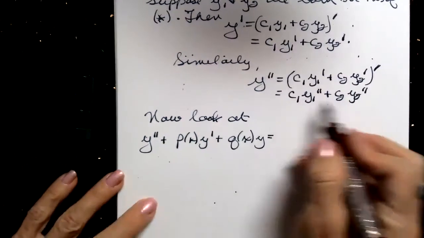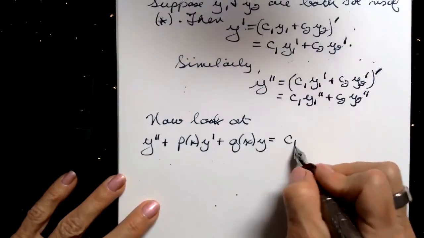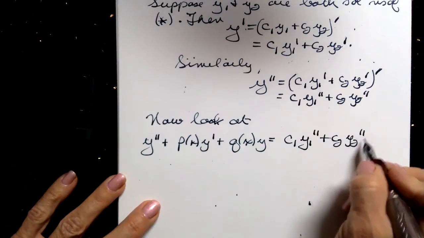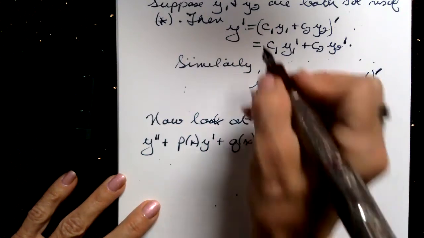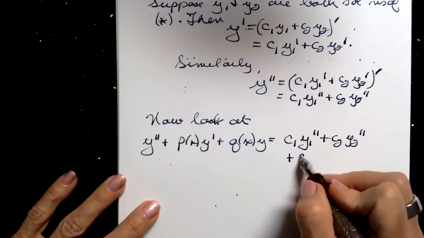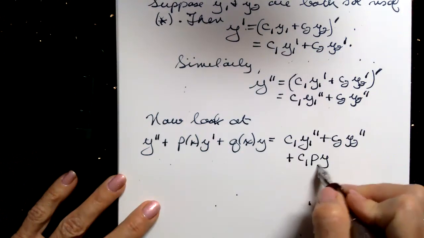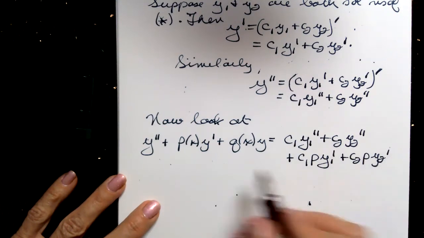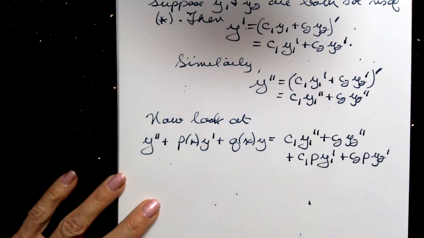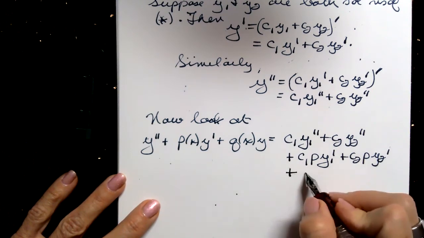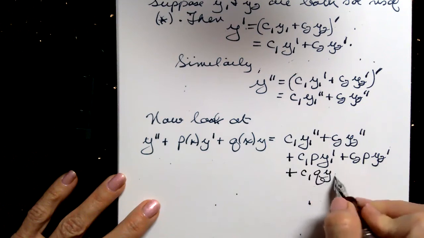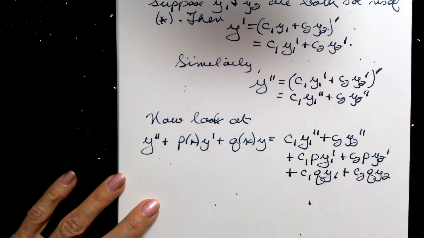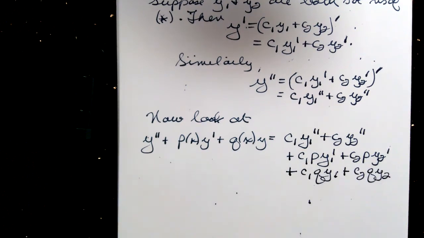Okay, so that is, by what we just calculated, C1 y1 double prime plus C2 y2 double prime, plus p of x times y prime, so that will be C1 p y1 prime plus C2 p y2 prime, plus q of x times y, so that will be C1 q y1 plus C2 q y2. And now let's look at that. So we have to look at that sum.